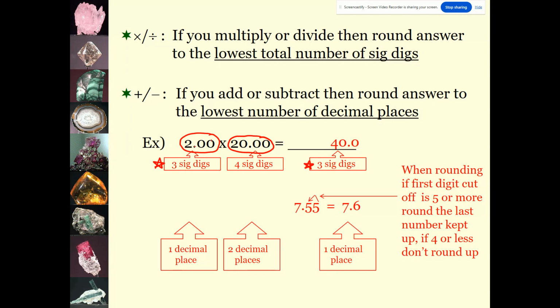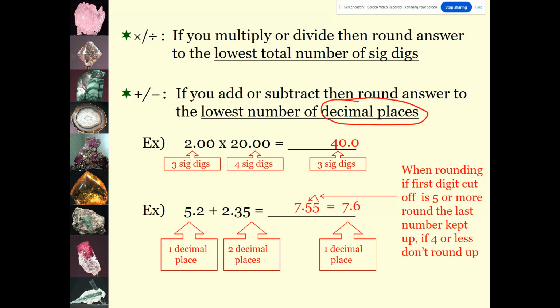Okay, so most of the time you're multiplying and dividing, but sometimes there is adding and subtracting. When you're adding and subtracting, the rules are a little different. You're going to round your answer to the lowest number of decimal places only, looking at decimal places. So for example, I have 5.2 that has 1 decimal place. 2.35 has 2 decimal places, so the lowest is 1 decimal place, which means I have to round my final answer to 1 decimal place.